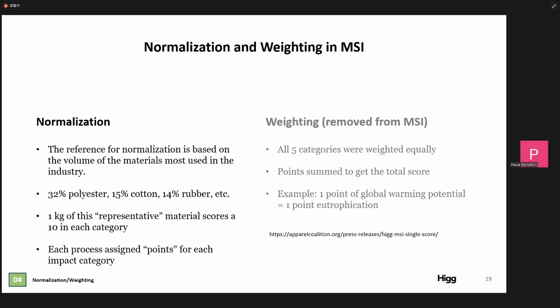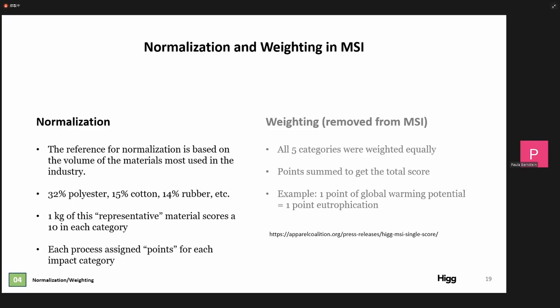Our reference system in MSI is based on the volume of materials most used in the apparel and footwear industry. So we create this weighted average representative product, which is 32% polyester, 15% cotton, 14% rubber. I think the full list is also in that MSI methodology document.